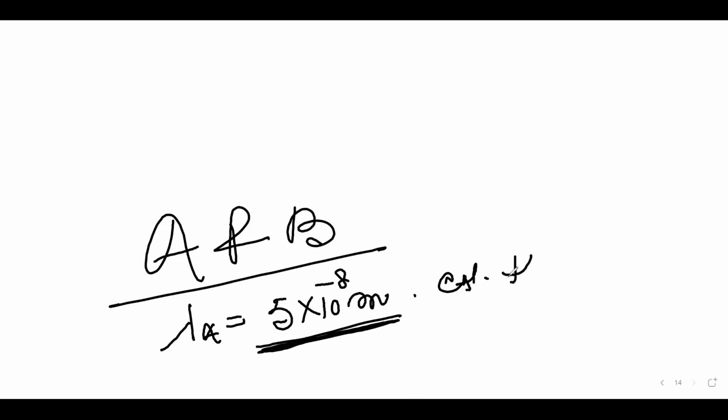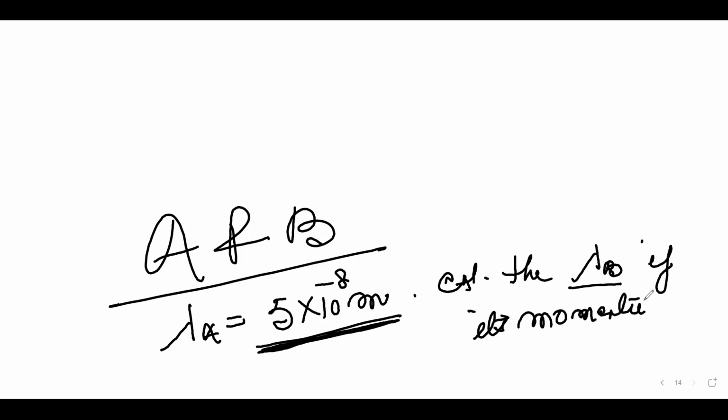Calculate the wavelength of particle B if its momentum is half of A. There are two particles A and B in motion.